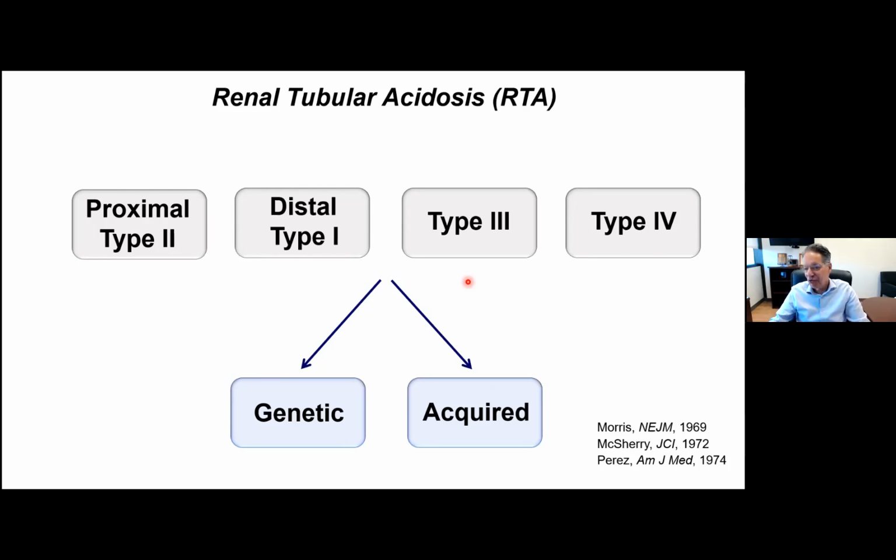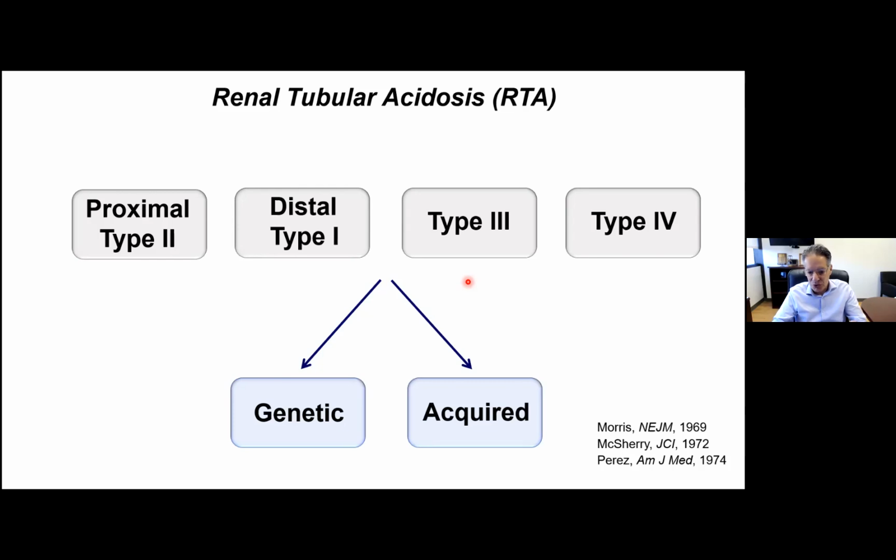I'll skip to type 4, which is also a distal form of renal tubular acidosis, but unlike the type 1, it's associated with hyperkalemia. So it's the potassium that distinguishes the type 1 and the type 4, not the part of the nephron. And type 3 is a combination of type 1 and type 2, where both parts of the nephron are affected.